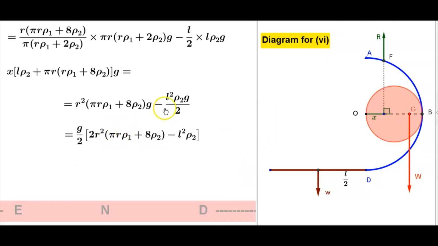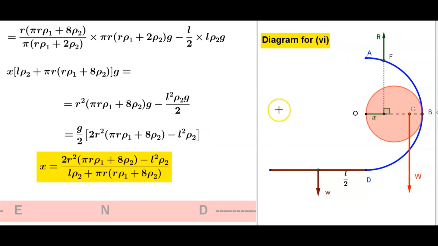Then simplify further, g by 2 is a common factor within the bracket: 2r squared into pi r rho 1 plus 8 rho 2 minus L squared rho 2. Therefore, x is equal to 2r squared into pi r rho 1 plus 8 rho 2 minus L squared rho 2, over L rho 2 plus pi r into r rho 1 plus 8 rho 2.